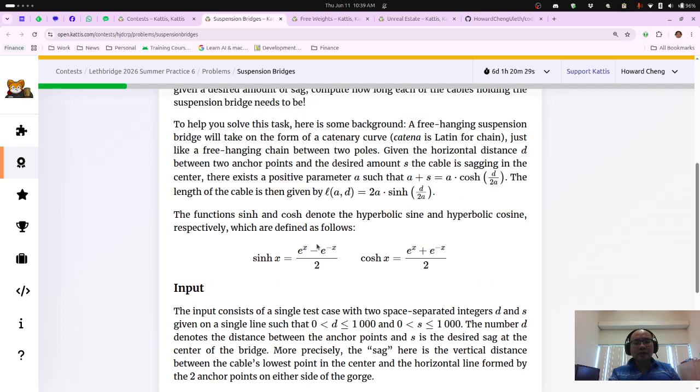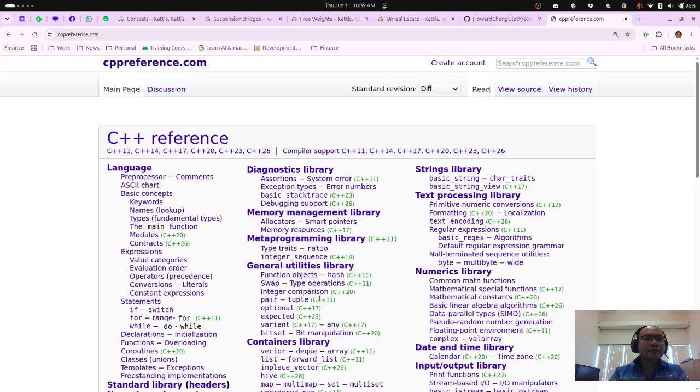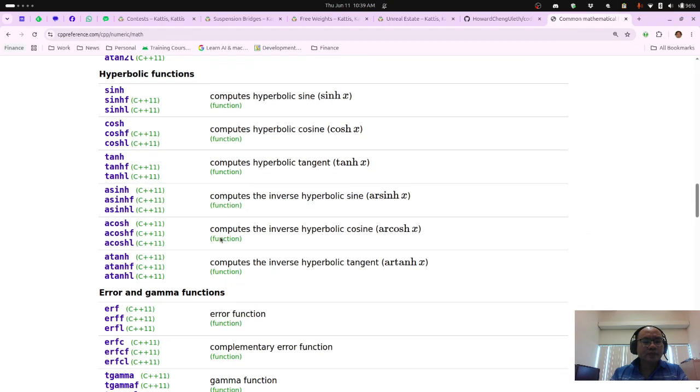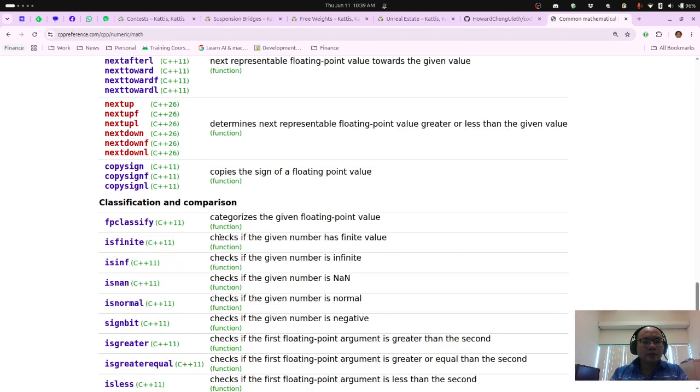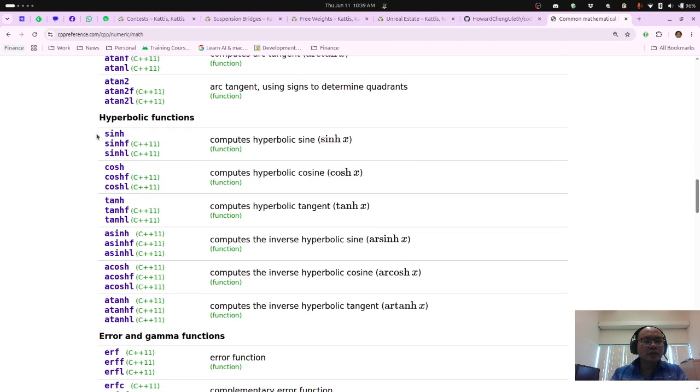All right. There's this hyperbolic sine and cosine, and they tell you the definition of these things, but you actually don't need that, because of common math functions. Where is it? Here we are.